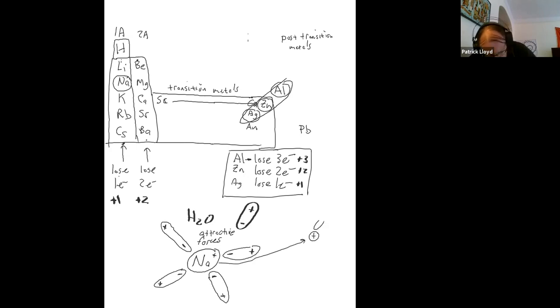And then you'll end up with these water molecules forming layers around the sodium cation. So you get these different layers of water. I'm not drawing the positives and negatives in there just to save a little time. But you get like 3 or 4 layers of water molecules surrounding that ion.